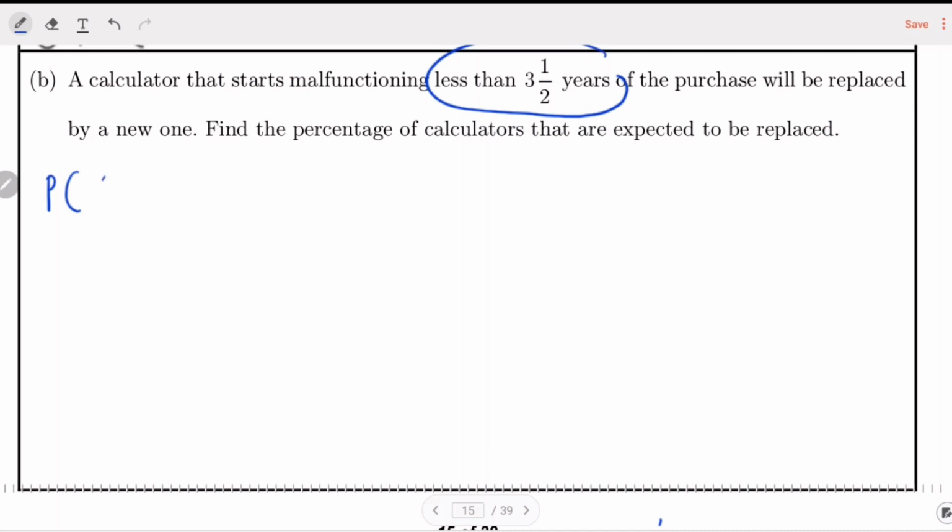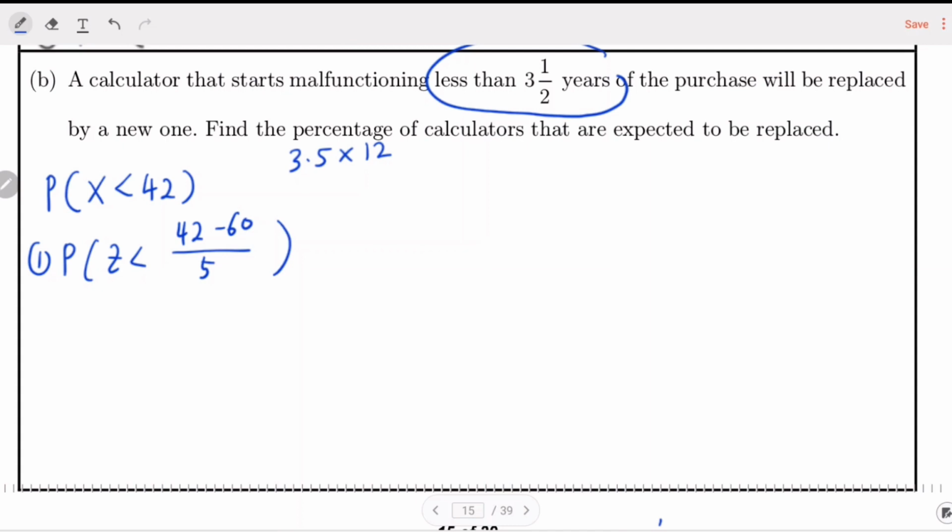So less than 3 and a half years means we need to find the probability that X less than 3 and a half years. But we need to change from years to months, since the mean is given in months. So 3.5 multiplied by 12, so we have 42 months. And then we need to follow the same 4 steps in order to find the probability for normal distribution. The first step is to standardize as usual. Minus mu divided by our sigma.